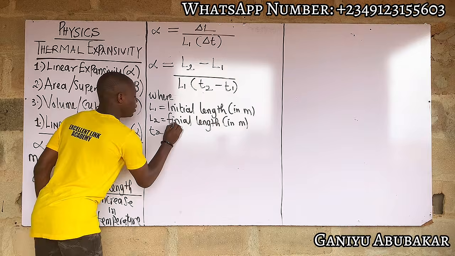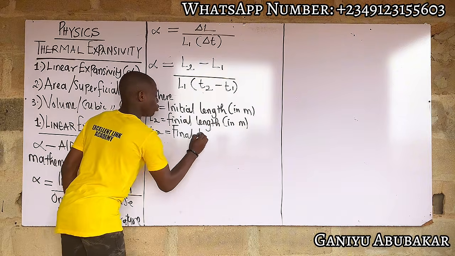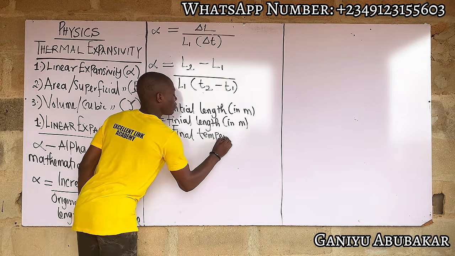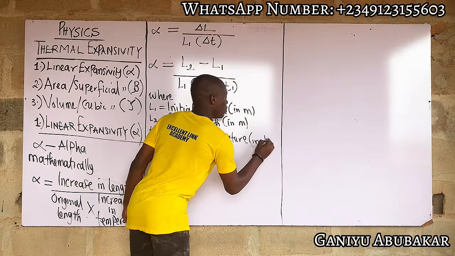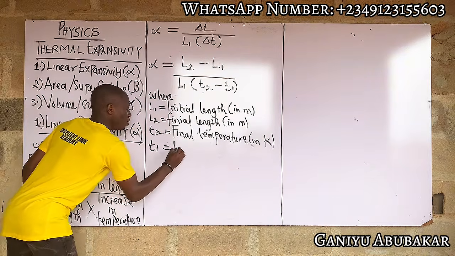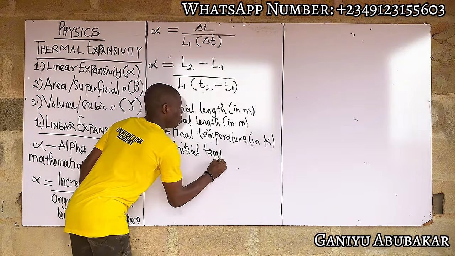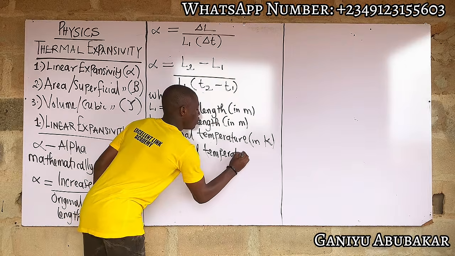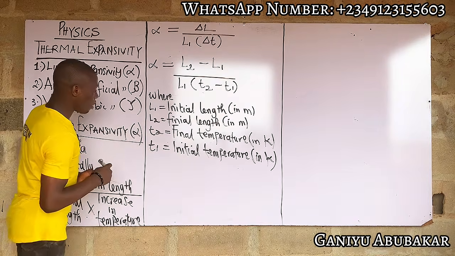T2 is simply the final temperature in Kelvin, right? Also, T1 is the initial temperature, of course, also in Kelvin, right?